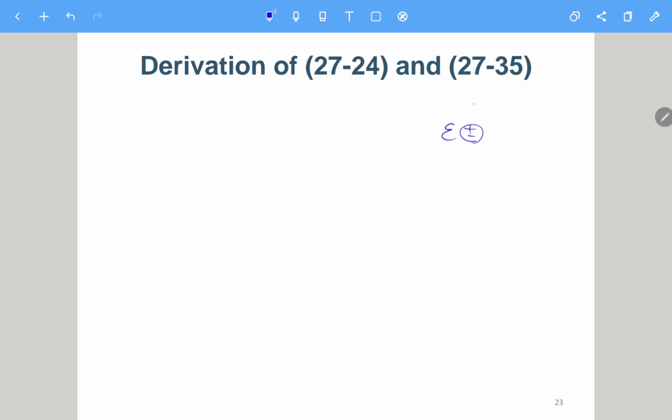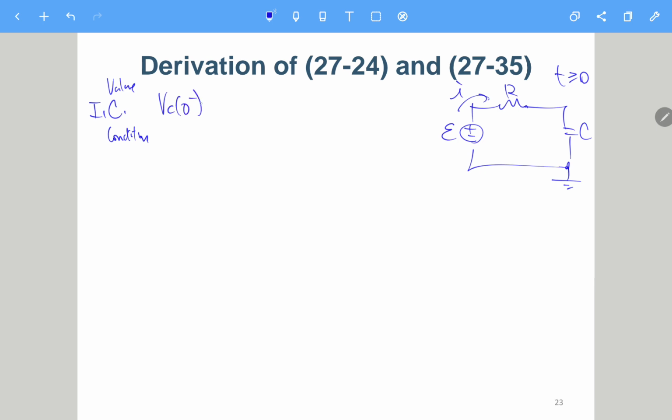Here we have the E, we have the R, we have the C. Suppose this is T larger than or equal to 0. And also we assume the current is I. And then we also have the initial condition: VC(0 minus) is 0 volt.